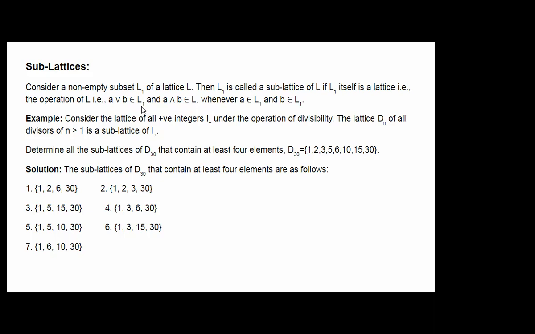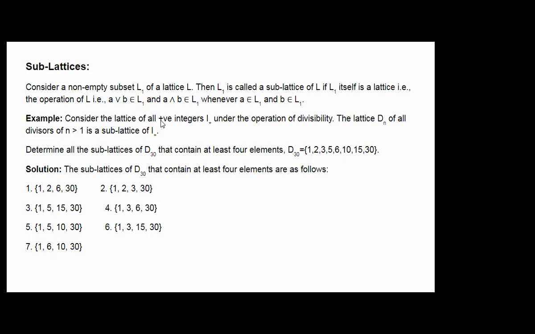For that purpose, A must belong to L1 and B must also belong to L1. If these two elements belong to L1, then these operations also belong to L1. And L1 is a subset of lattice L, or a sublattice of lattice L.